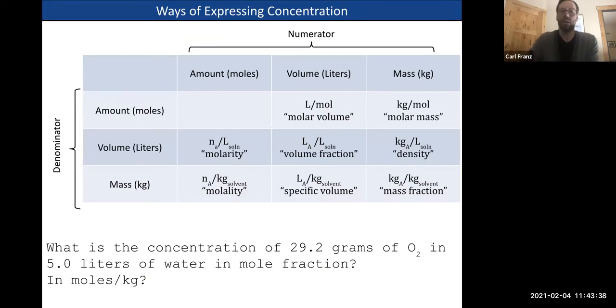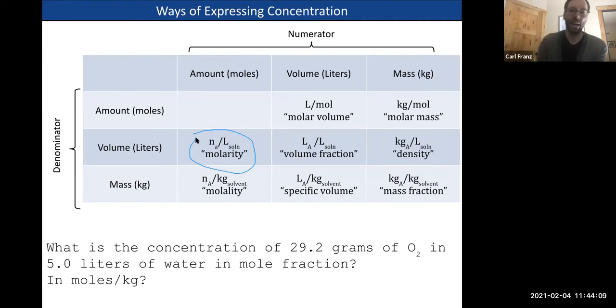Here's another way to look at these things. So we can express concentration as moles or liters or kilograms. And depending on what's on the numerator and what's on the denominator is going to give us our term. Okay, so if we're looking at, for instance, moles on the numerator and liters on the denominator, that gives us molarity, right?